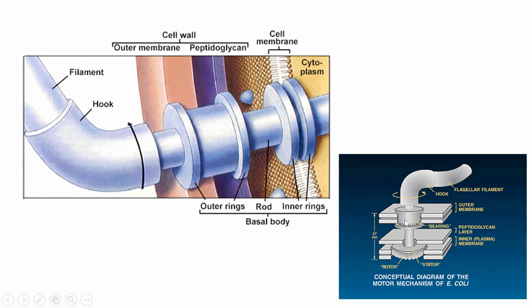So in this figure we can see the flagellar filament followed by the hook, which is moving, and the entire movement is controlled by this ball bearing movement. So this is the bearing which remains present in the outer membrane. The rod part remains present in the peptidoglycan layer, and this is the stator and the rotor which actually makes the flagellum move.